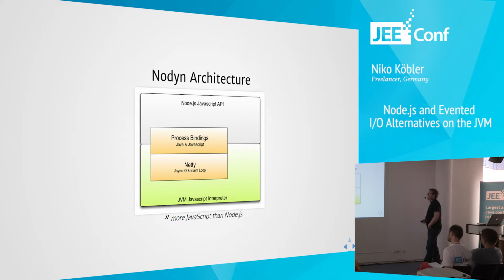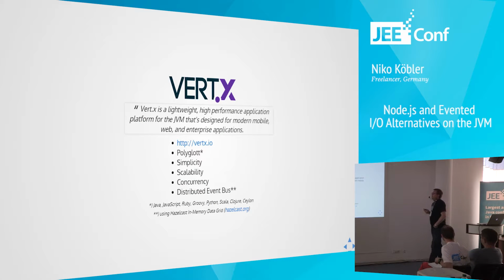And the interesting thing for Nodyn is coming with Vert.x. For those who don't know Vert.x, it's a pretty similar event loop programming model on the JVM with nearly every JVM language: Java, JavaScript, Ruby, Groovy, Python, Scala, Clojure, and Ceylon.